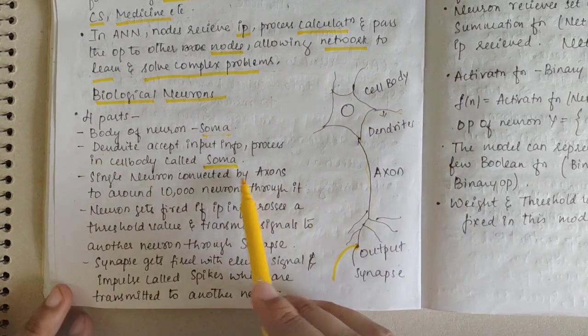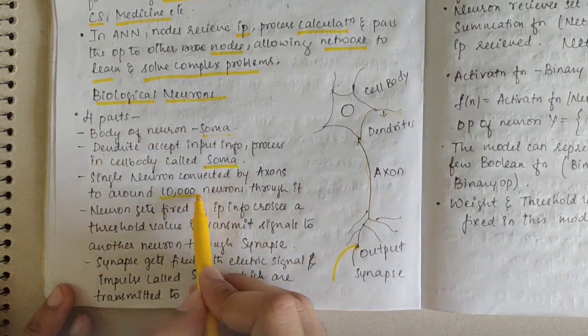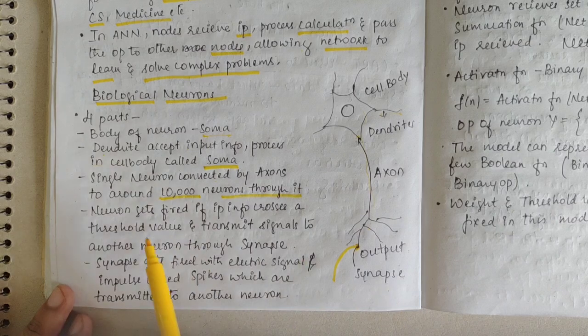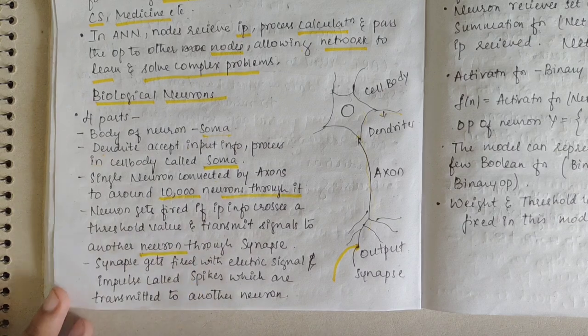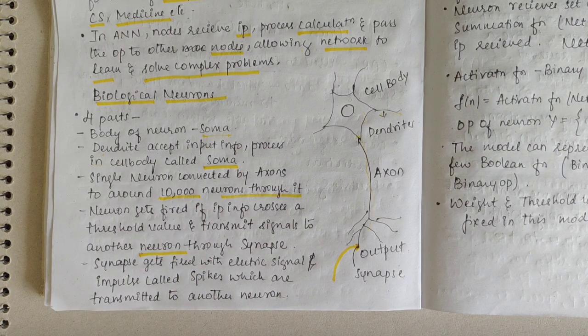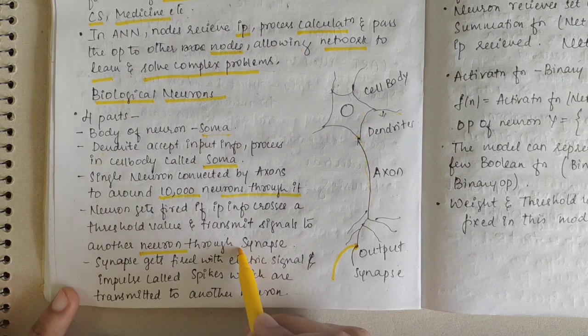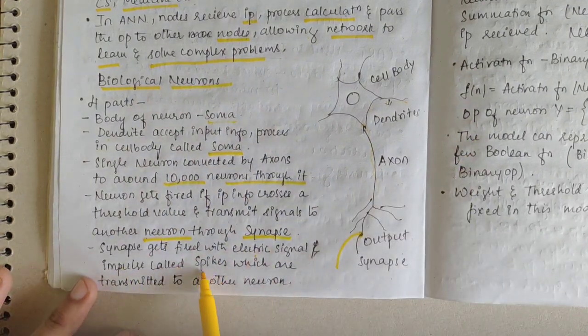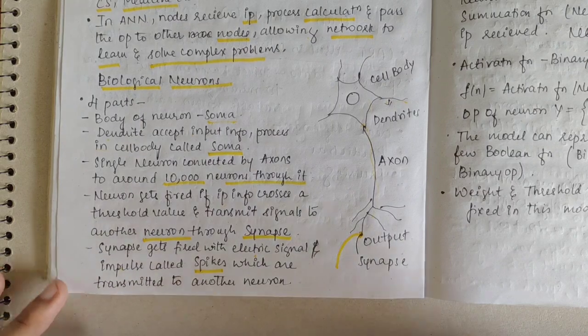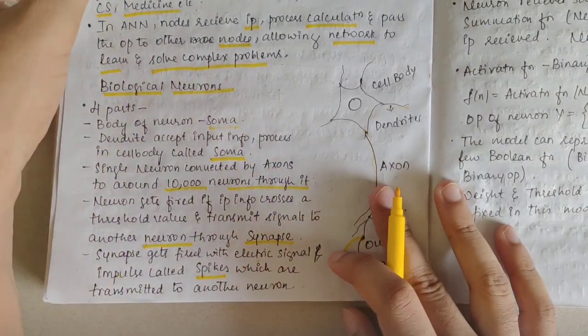A single neuron is connected by axons to around 10,000 other neurons. Neurons get fired if the info crosses a threshold value and transmit the signal to the other neuron. Only once the neuron gets fired is the information transferred to the other neuron through the synapse. The synapse gets fired with an electric signal impulse called a spike, which is transmitted to another neuron. So this was about biological neurons.